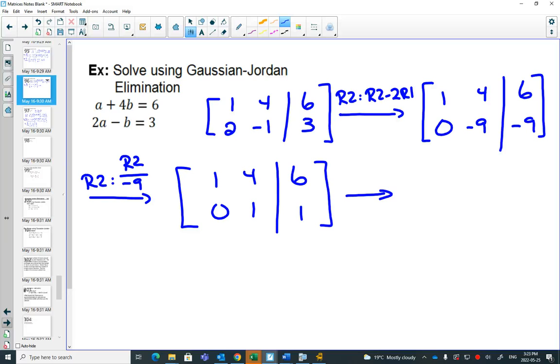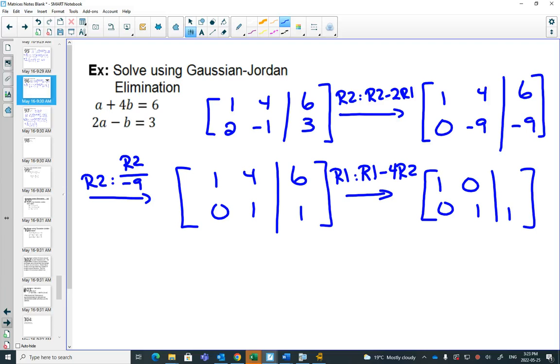Did you get x equals 2 and y equals 1? Yes.